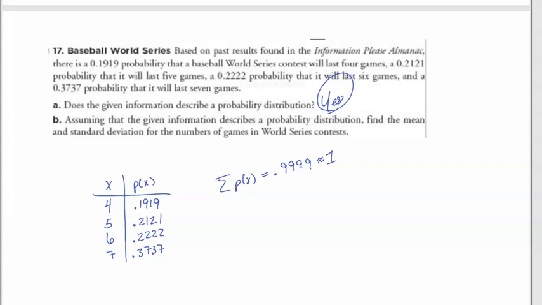And the reason that it's close to 1 and not exactly 1 is because there's probably some rounding error associated with those probabilities. Notice everything's rounded to 4 decimal places. We don't have the fractions that are the exact values. If we had the fractions with the exact values and we added them, we would end up with exactly 1 there. So rounding can cause an issue with it going exactly to 1.